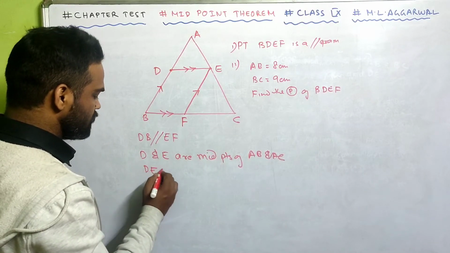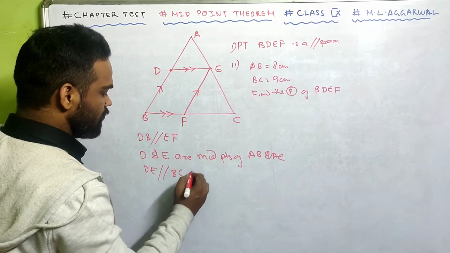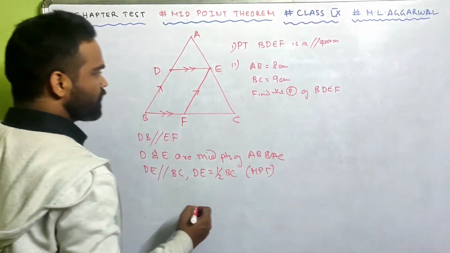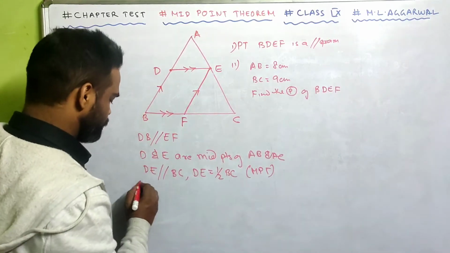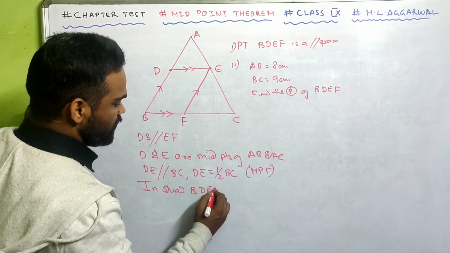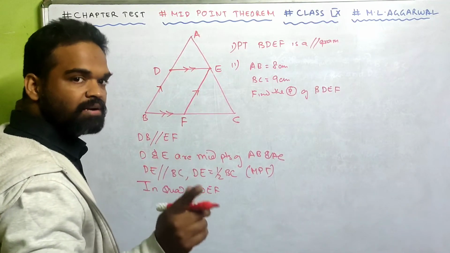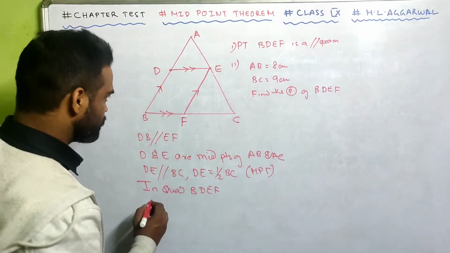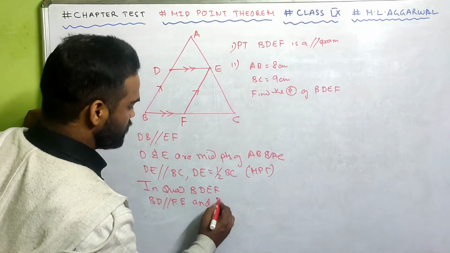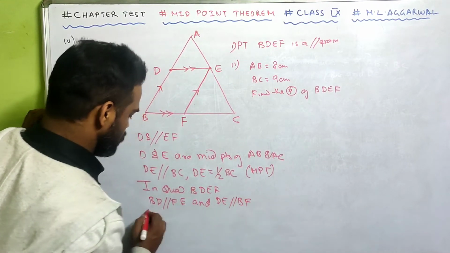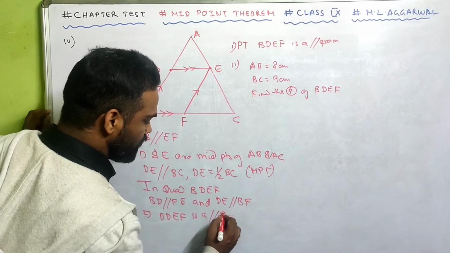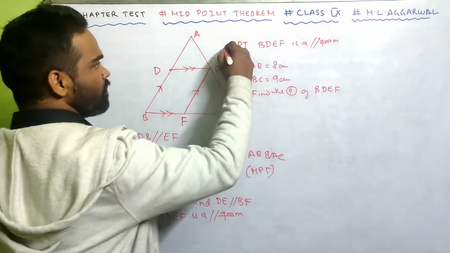Midpoint theorem, DE is parallel to BC and DE is half of BC. Now look, in quadrilateral BDEF, opposite sides are parallel to each other, which means it's a parallelogram. BD is parallel to FE and DE is parallel to BF, which simply means that BDEF is a parallelogram. Yes or no? First part is that.